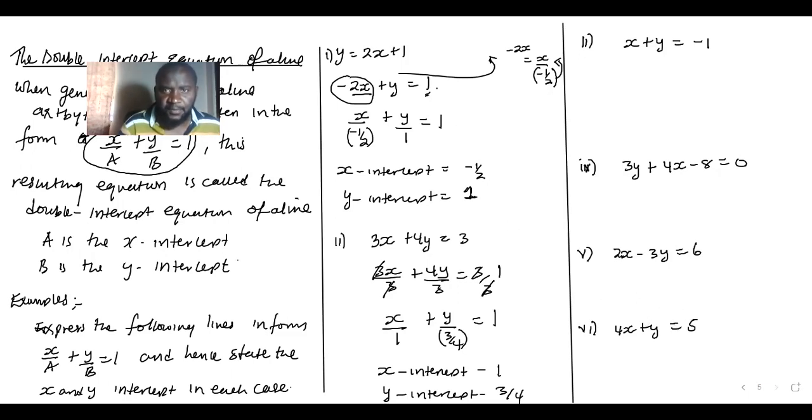Shakira, are you there? She's still computing. Cynthia, give me number 5, the intercept on the X and the intercept on the Y. The X-intercept is 2.